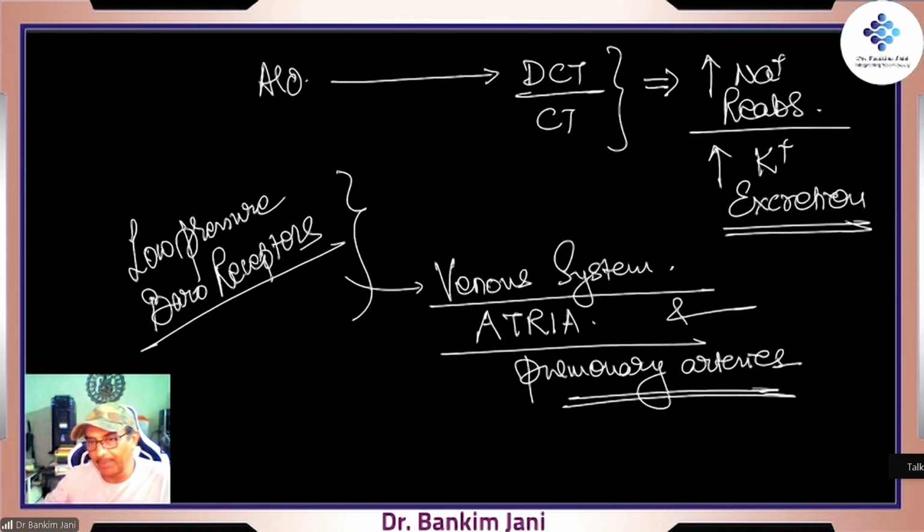The moment we say pulmonary artery, we are talking about the pulmonary pressure, right? So that is where these receptors will come into the picture. So the way systemic blood pressure is handled very actively, the pulmonary pressure is also handled very beautifully.